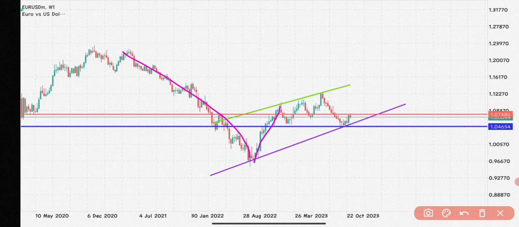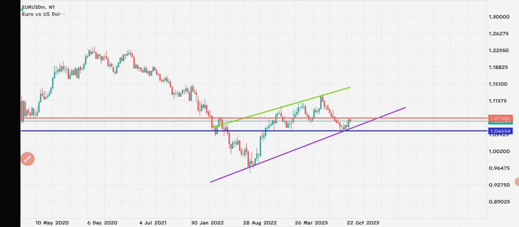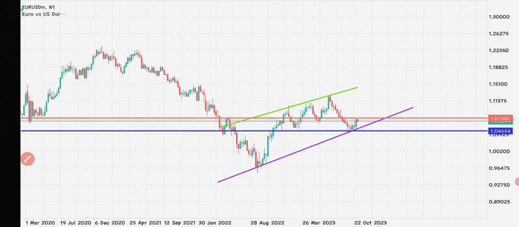So it came down, went back up, came down, went back up, tested it again, and came down to this trend line again.